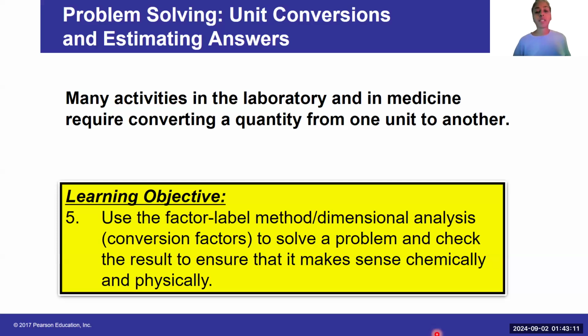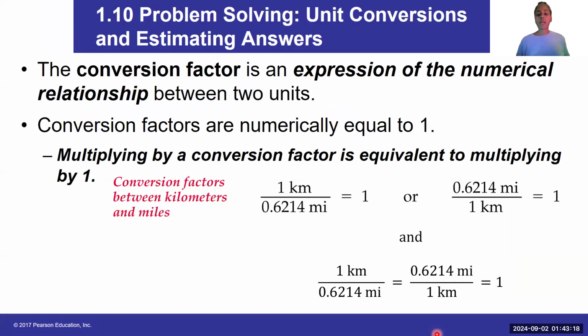So many activities in the laboratory and in medicine require converting a quantity from one unit to another. And we do this by using what we call the conversion factor. Conversion factors are numerically equal to 1. If you remember when we looked at converting between metric prefixes, I mentioned that when we have this type of equality, they're equal to each other.